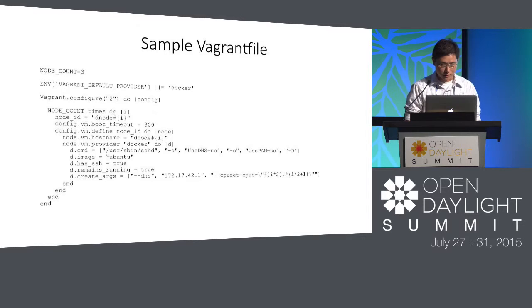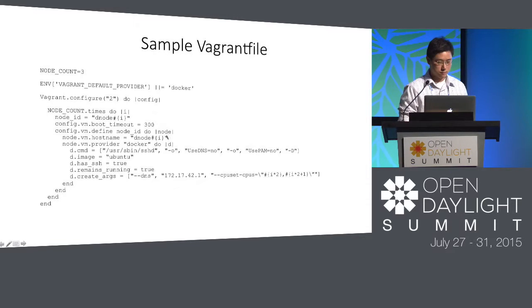Let's see if I can get the cursor up here. So I'm giving the host name to Docker, essentially. And then what the Docker instance is actually doing is, if you're familiar with Docker, you would normally specify a particular command that you would like to run within the container. And then after the command is executed, it returns control back to your host machine. So I don't want to do that.